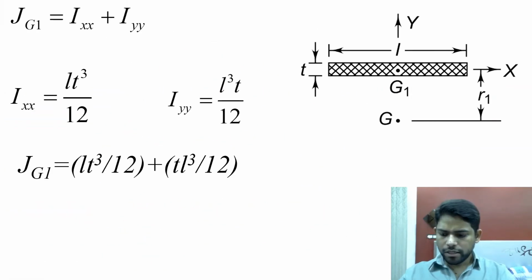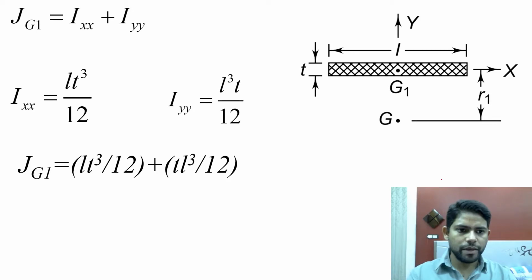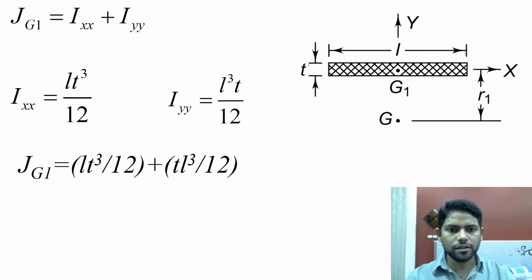Now you can see that again this is a cross section of a beam where the thickness of the beam is t, and the width of the beam is L. So according to your previous equation, your polar moment of inertia was Ixx plus Iyy.